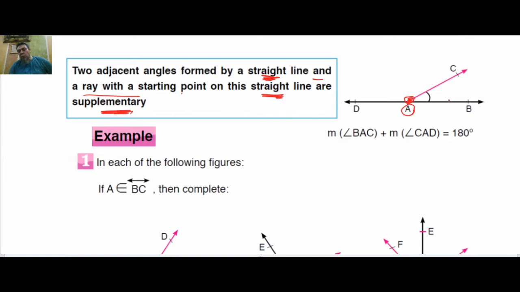So the measure of angle BAC plus the measure of angle CAD equals 180 degrees.